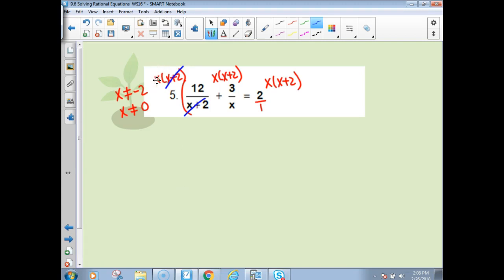On the first fraction, x times 12 would be 12x. On the second fraction, when you multiply by the LCD, the x's cancel out, and you'd have 3 times x plus 2. And on the right side, nothing cancels out, so I'll have 2x times x plus 2.